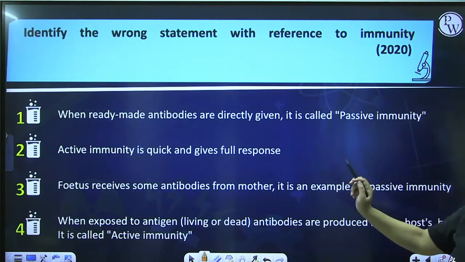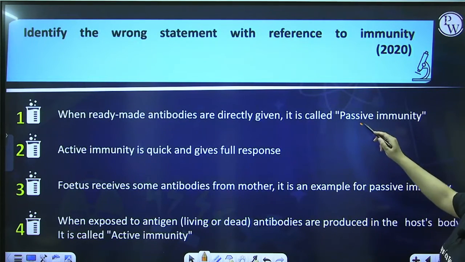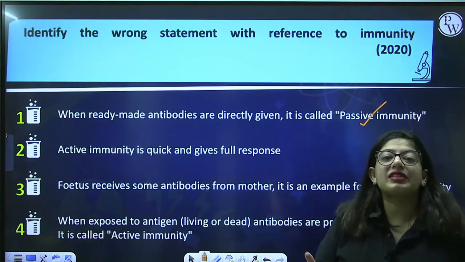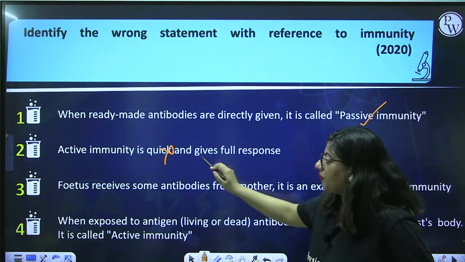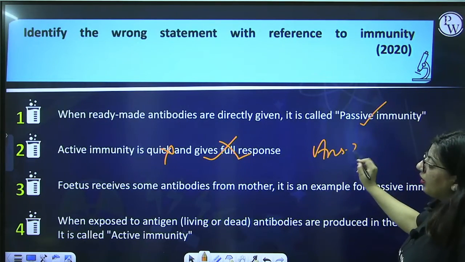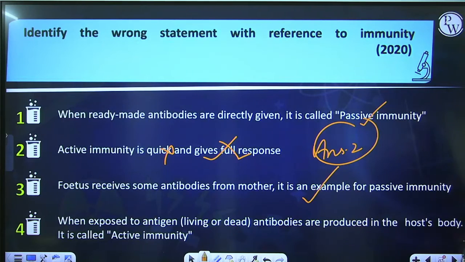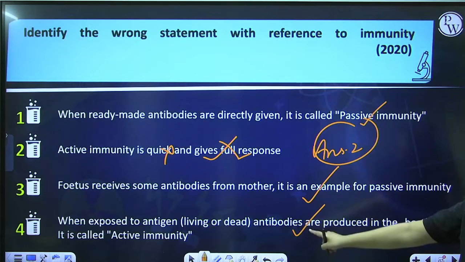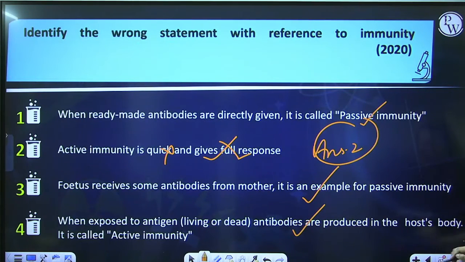In the first one, the ready-made antibodies are given and it is passive. Active immunity is never quick. It takes time. Primary response takes time. So the statement is incorrect. Answer is 2. Fetus receives antibody, it's passive immunity, and whenever you're exposed to antigen, you produce antibody, that's active immunity. So the wrong one is the second statement.